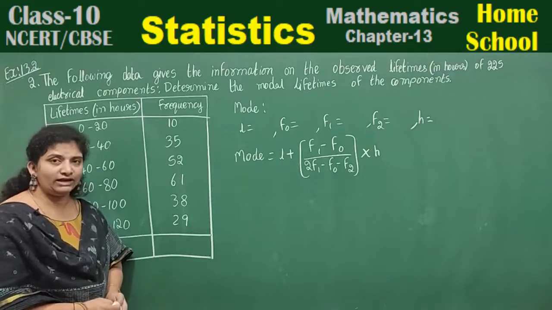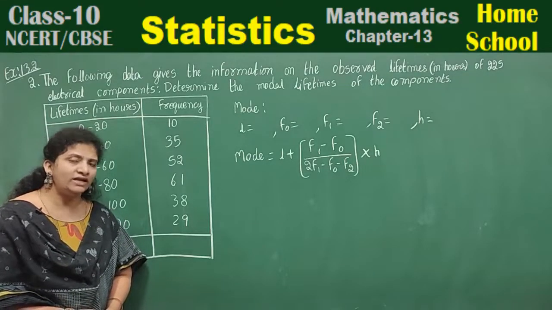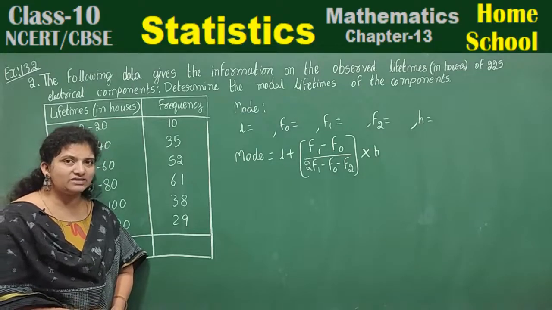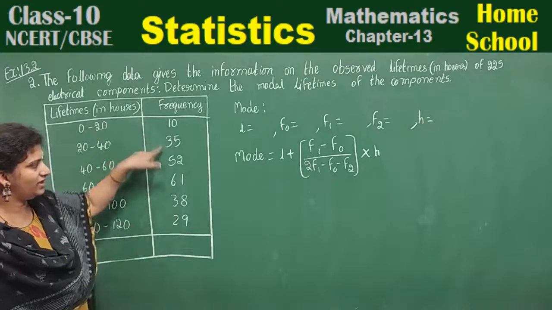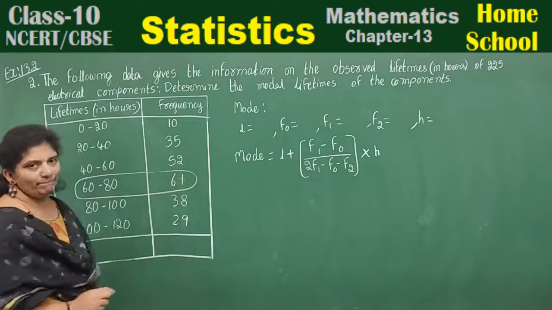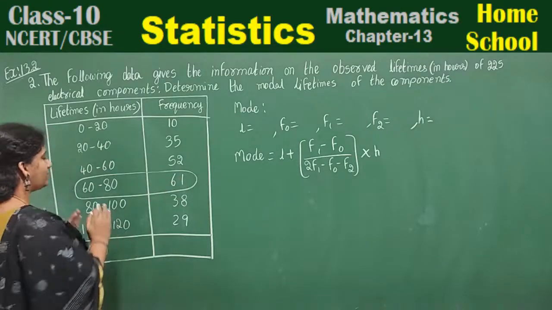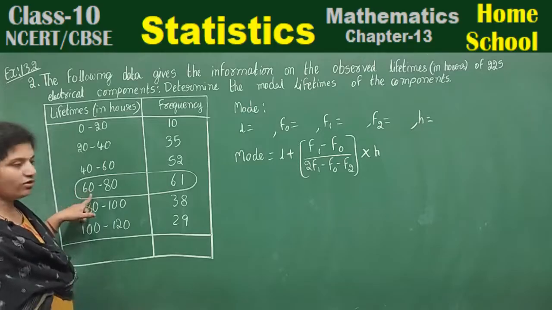If we need to calculate mode, first identify the modal class. How are we going to identify the modal class? Highest frequency. In this, what is the highest frequency? Yes, this. Mark the modal class with a pencil. Now observe the class interval lower limit. What is the lower limit? This is the lower limit.